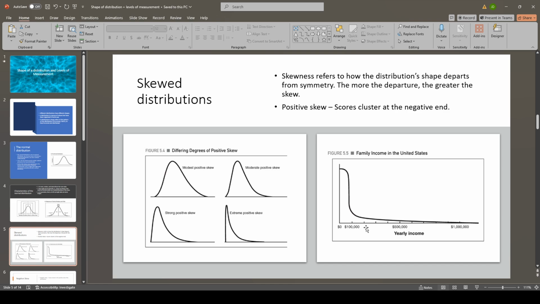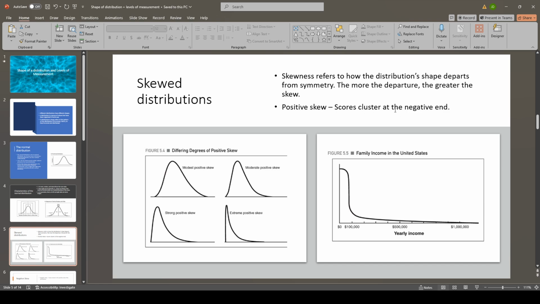And how this works is that we can say income is a skew. For example, more people in the United States earn under 100,000 than are millionaires. So we see an income distribution where the scores cluster towards the negative end.